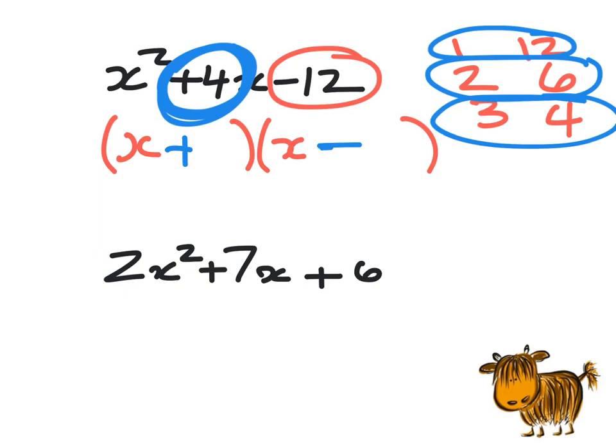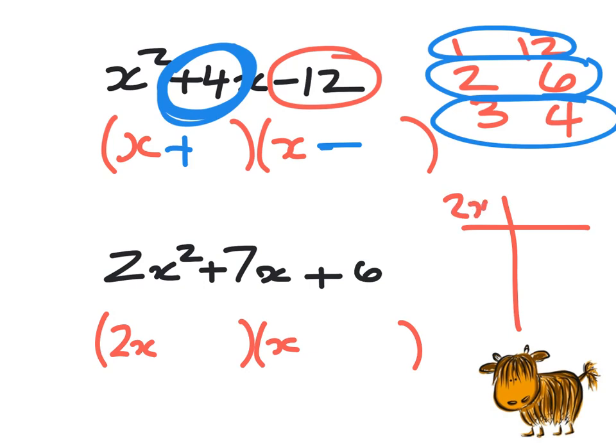The last one, usually the hardest one in these types of questions. So we know the brackets this time are going to be 2x times x at the start. So to find the number in the middle, we use this little method, remember, 2x and x. Looking now at the positive 6, what numbers can you use to make 6? 1 and 6, 2 and 3, 3 and 2, 6 and 1.